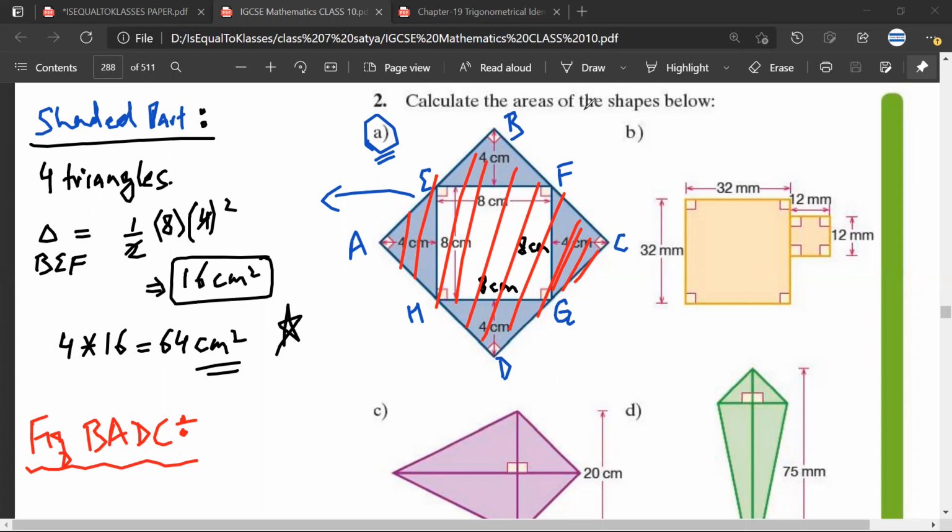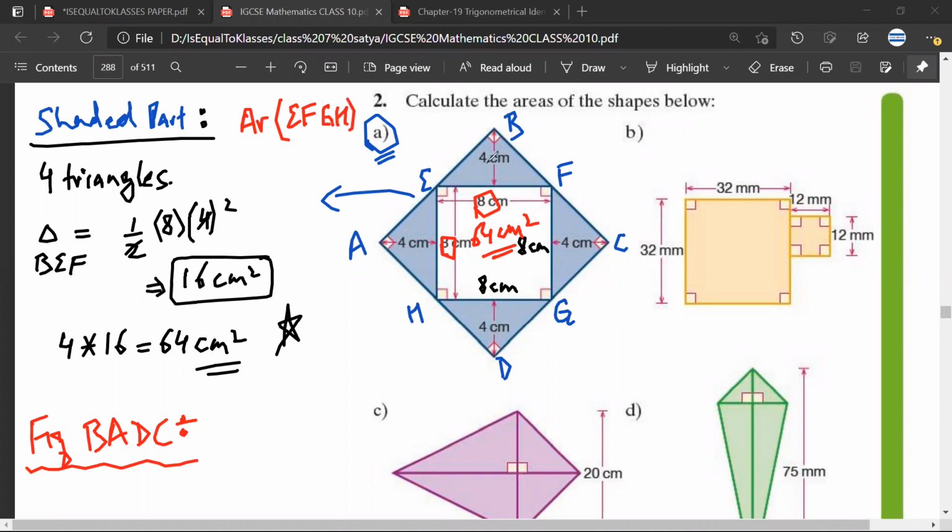So what I can do is find the area of this small square. This will be 8 into 8, which is 64 centimeters square. Sarthak, have you understood? Yes, sir. So area of EFGH, because this is a square, this will be 64 centimeters square. Okay.